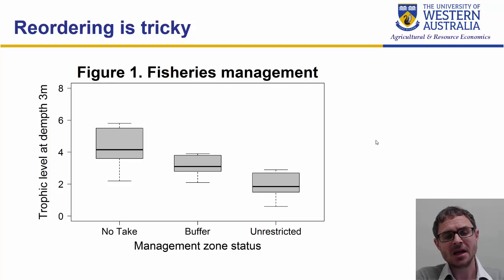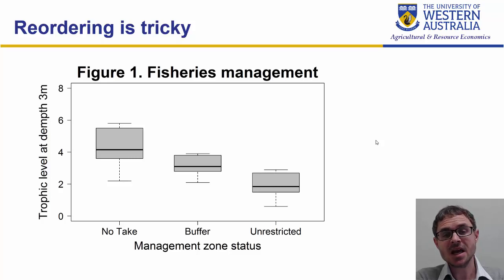We might not get statistically significant differences, but this visual representation is giving me a good idea that the trophic level in the no-take zone is actually higher than in the unrestricted commercial fishing zones, and maybe in the buffer zone. Not sure about that either.